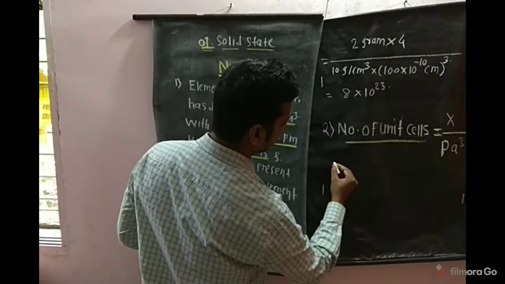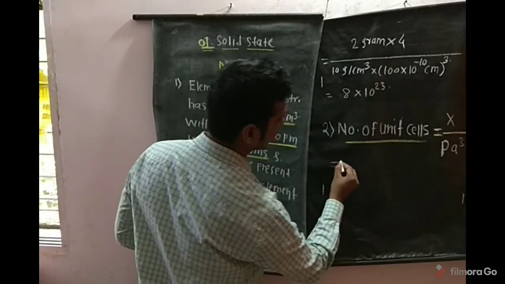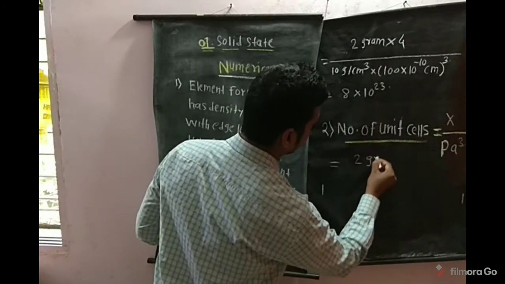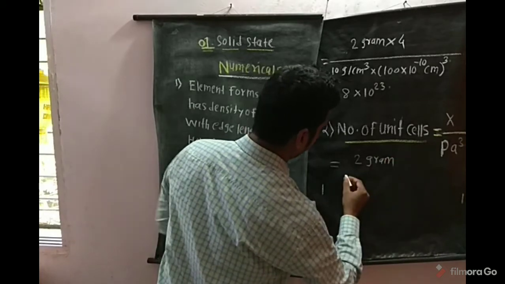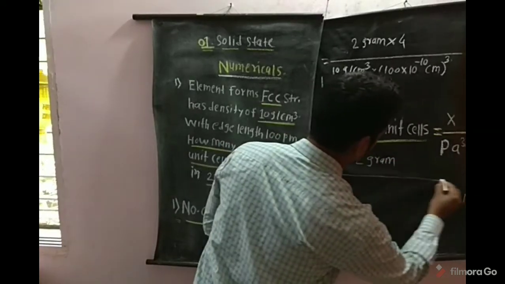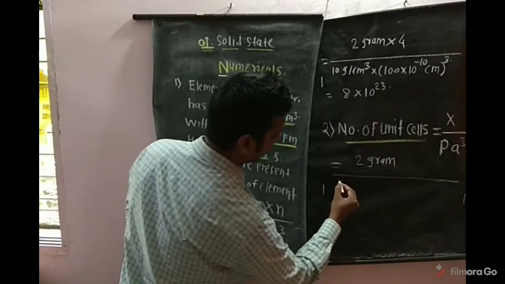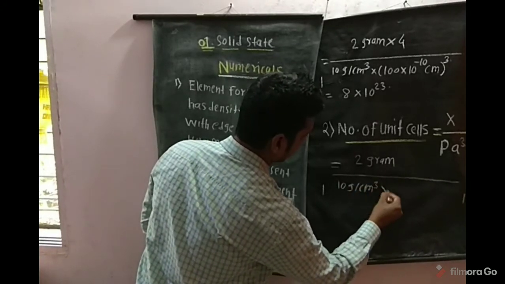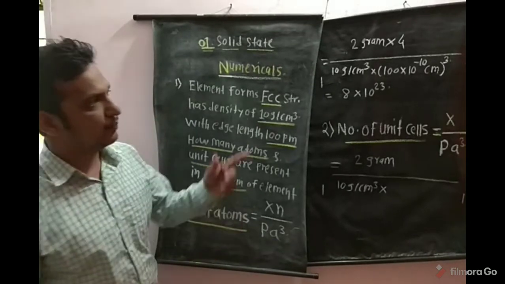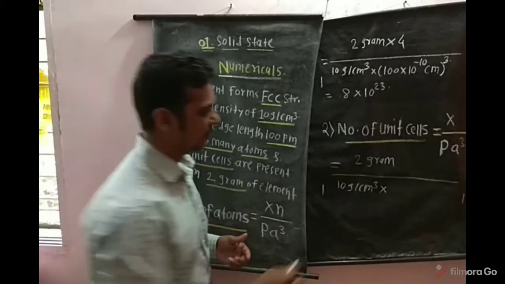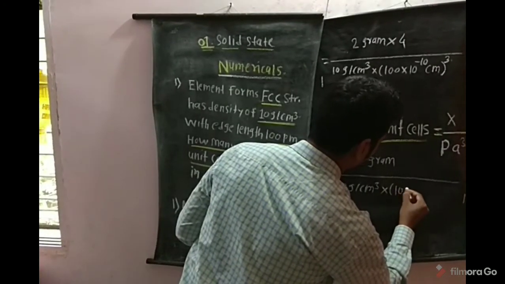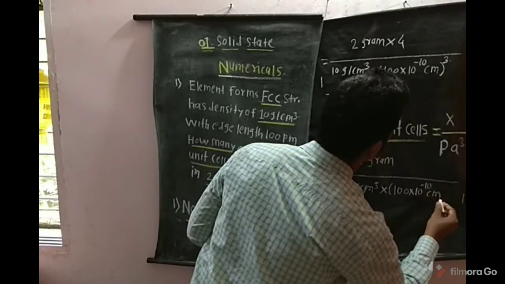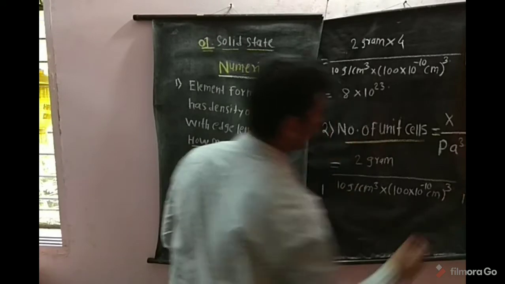So number of unit cells is equal to x, 2 gram, divided by density, 10 gram per cm cube, into a cube, 100 into 10 raised to minus 10 centimeter bracket raised to 3.